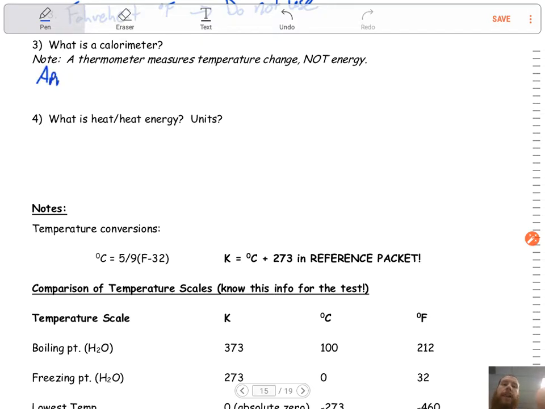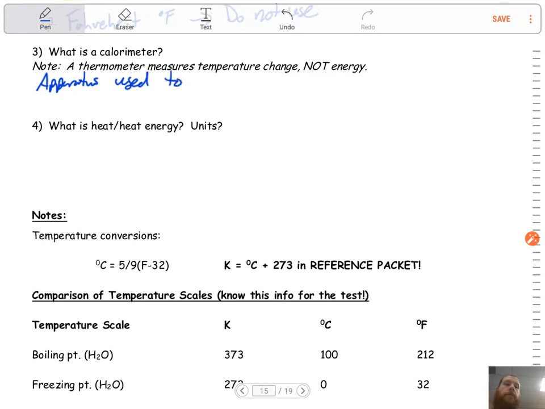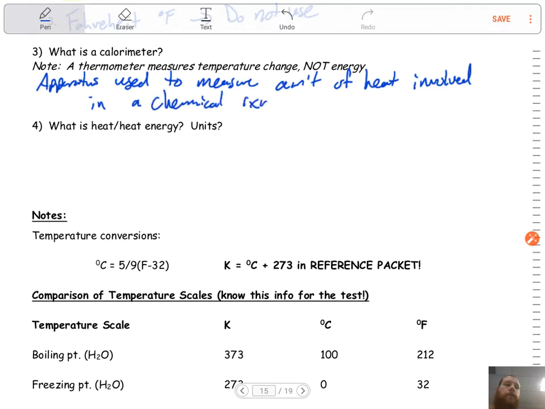It's an apparatus used to measure the amount of heat involved in a chemical reaction or other process.